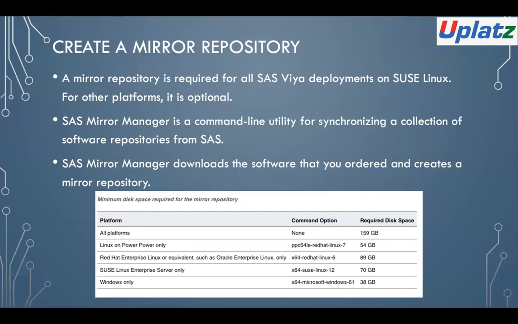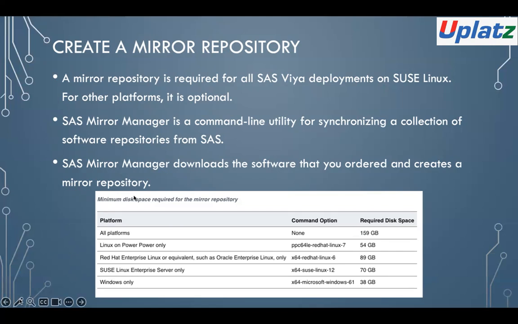If you have some default location for the files, SAS Mirror Manager will download and use it for the installation purposes. So you always have to make sure that the default location or another location that you select has adequate space, so that while you're creating the mirror repository, it won't run out with errors because of space issues, right?